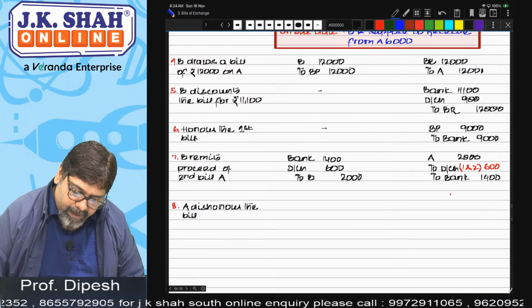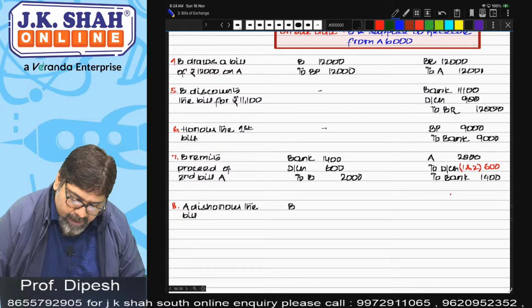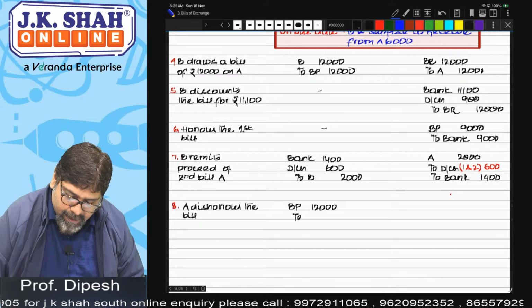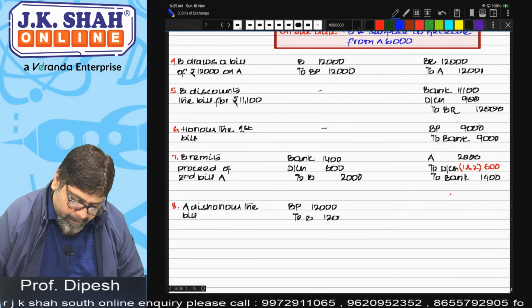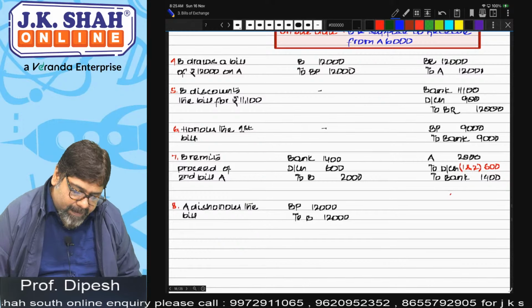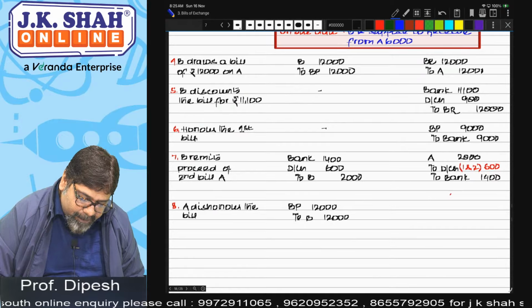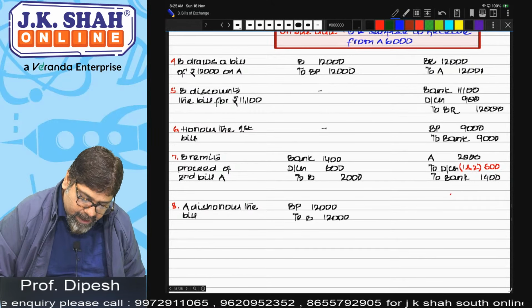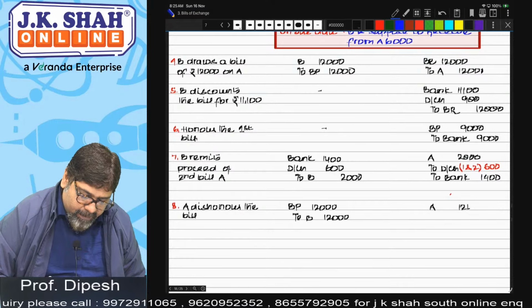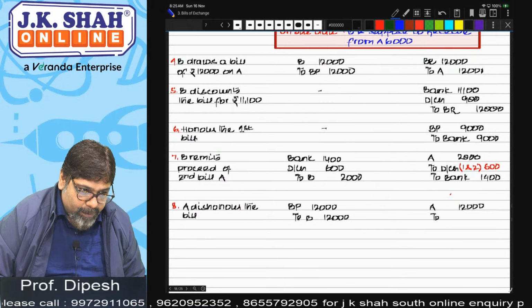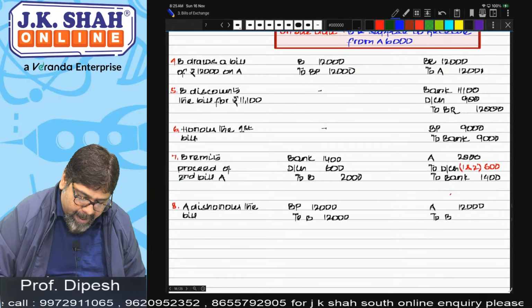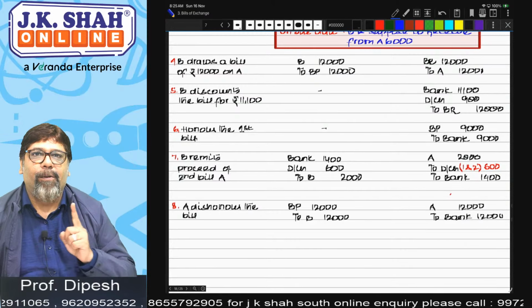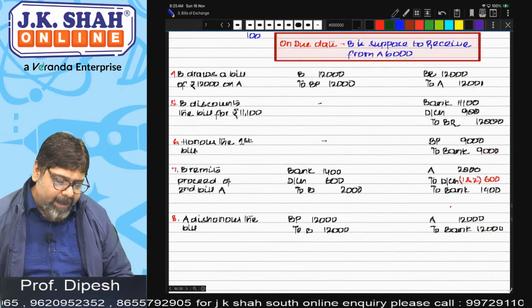A dishonors the bill, so A will pass the entry: Bills Payable to B. And B has to pass the entry: Drawee 12,000 to Bank 12,000. Drawee to holder of the bill.